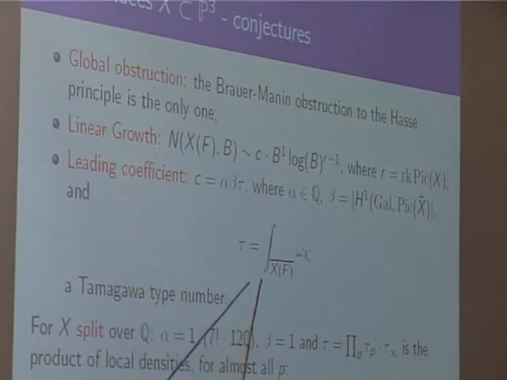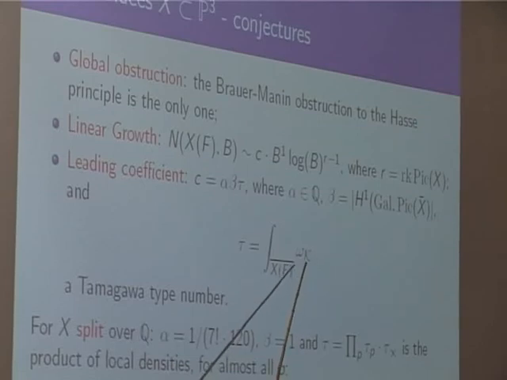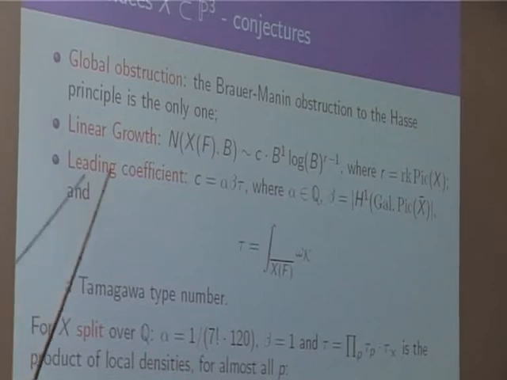And tau, the Tamagawa number, is kind of a product of local densities. It's an adelic integral with a Tamagawa type measure, but you integrate not over all adelic points, but over the closure of rational points in the adelic points in the direct product topology. We'll come back to this leading coefficient later in this course.